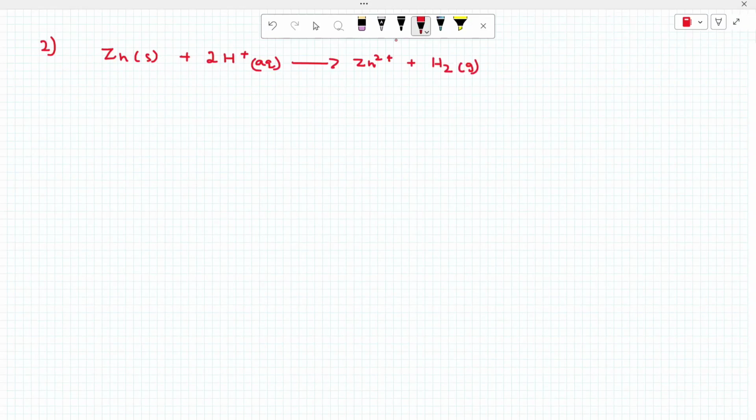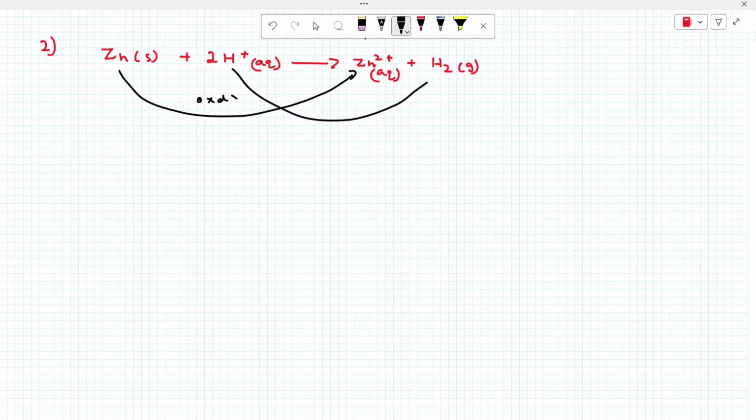H2 is a gas, and the others are aqueous. Now tell me which undergoes reduction, students? Zinc oxidation, hydrogen reduction, sir. Okay, good. So zinc undergoes oxidation: zinc is the anode, H2 is the cathode.